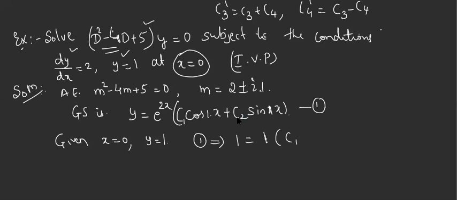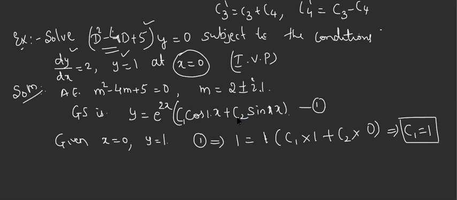C1 cos of x is 0. What is cos 0? 1, no? 1 plus C2 into, x has to be taken as 0. What is sin 0? 0. So entirely here, what remains on RHS? Only C1. What is the value of that? It is 1. Correct?